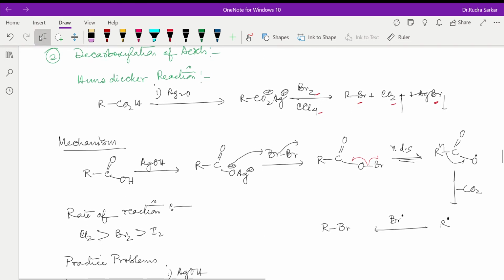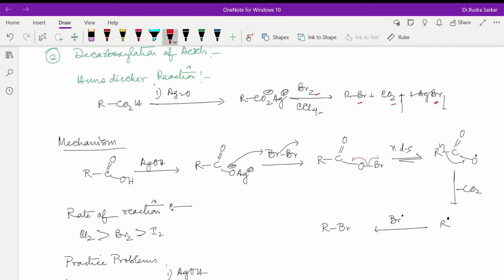In the mechanism, as we can see, silver oxide or silver hydroxide is reacting with the acid, a simple acid-base reaction leading to the formation of silver carboxylate, where the O will make a nucleophilic attack on the bromine, taking another bromine out as Br minus.